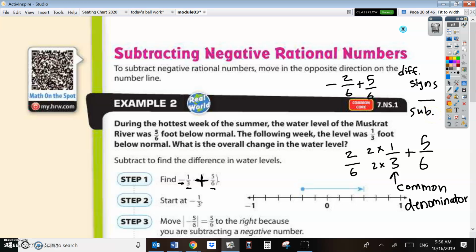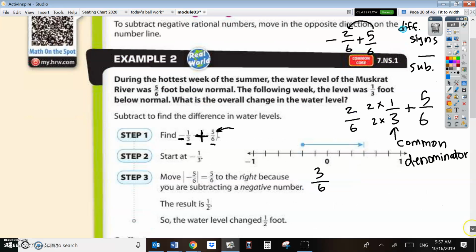And then take the sign of the larger number. So 5 minus 2 is 3. And then keep it. Take the sign of the larger number, that's positive, so it's going to be positive. And then you can simplify this, because 3/6 equals 1/2.